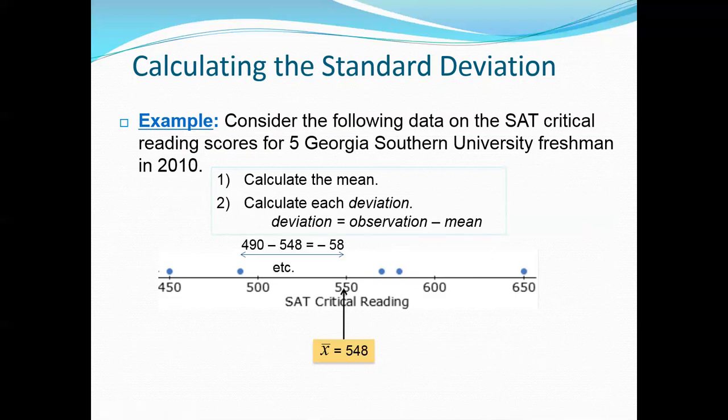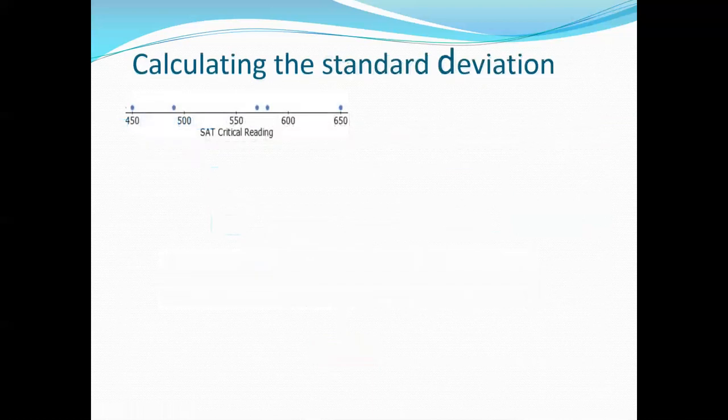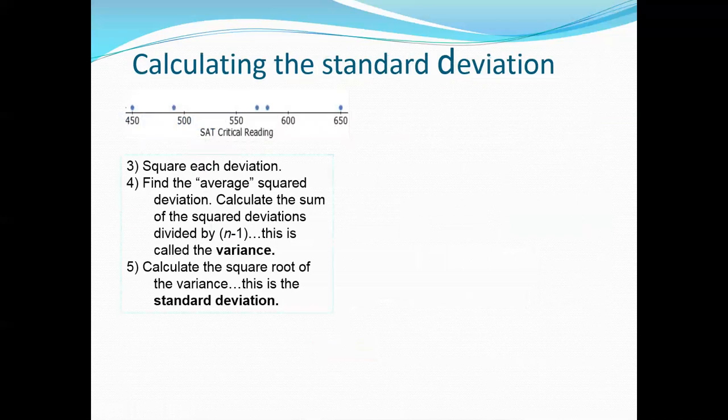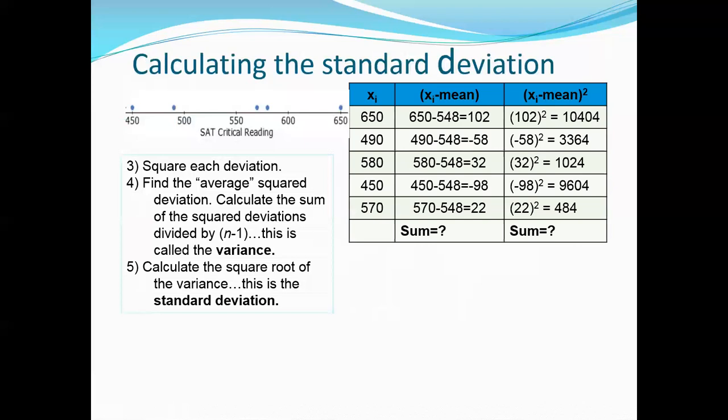And what we do is calculate each deviation and square those. So square each deviation, then find the average squared deviation: calculate the sum of the squared deviations, divide by n minus 1. This is called the variance. Calculate the square root of the variance. This is the standard deviation.